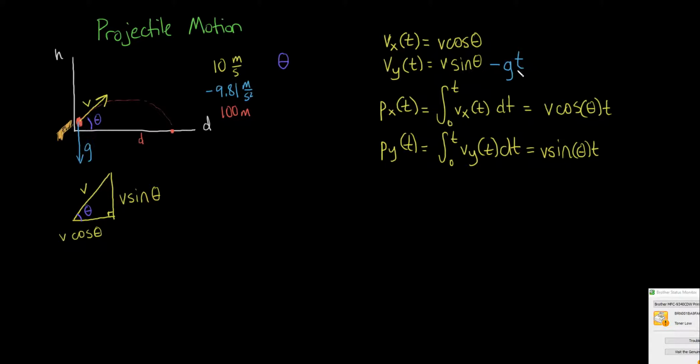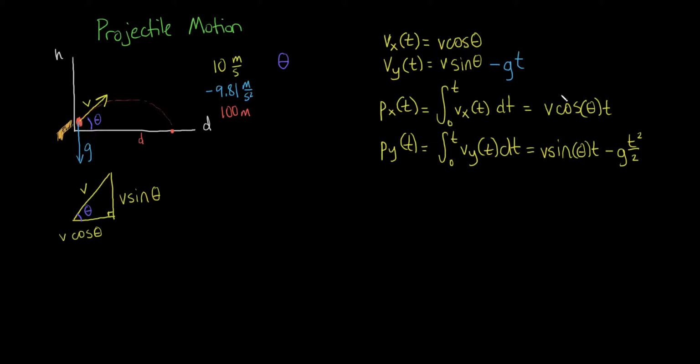And then minus gt is going to turn into minus gt squared over 2, because when we take the derivative of this, the 2 comes down, cancels out the 2, and we just get minus gt. So these are our two position functions.